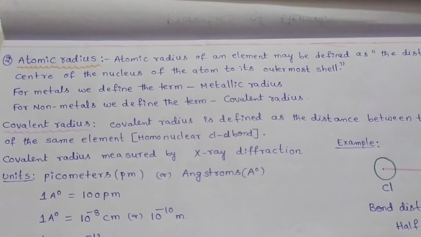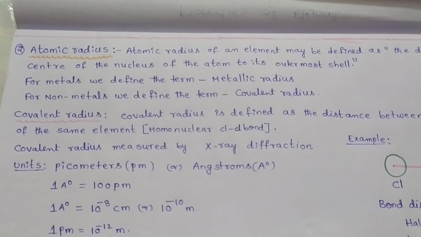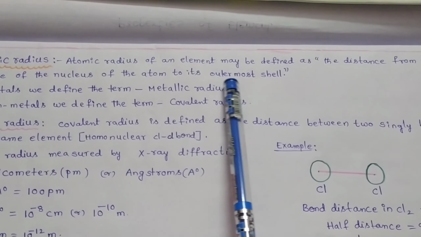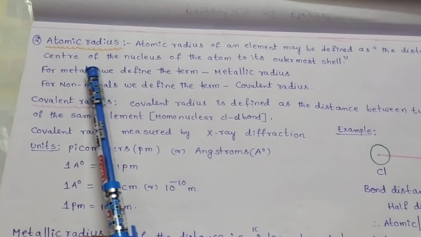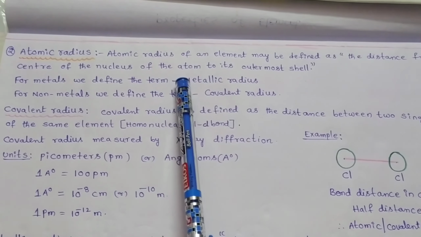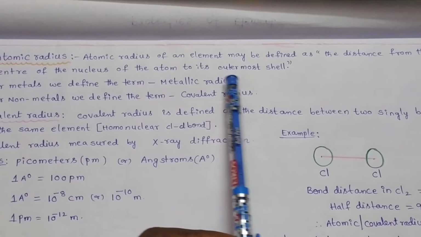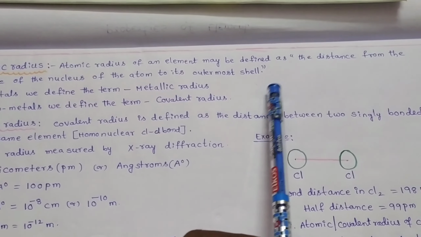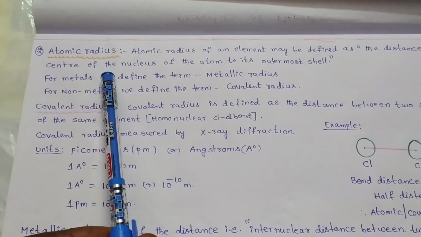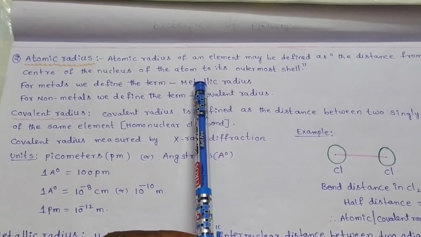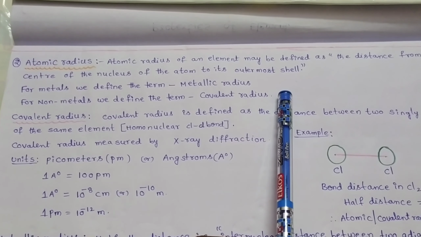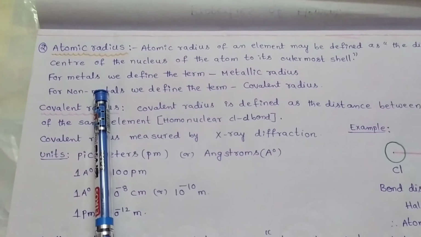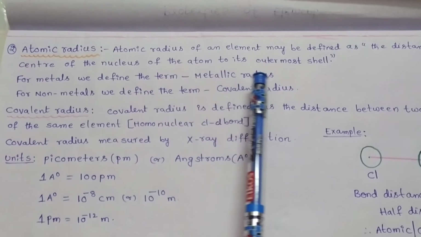Now we discuss the atomic radius. Atomic radius of an element may be defined as the distance from the center of the nucleus of the atom to its outermost shell. For metals, we define the term metallic radius.